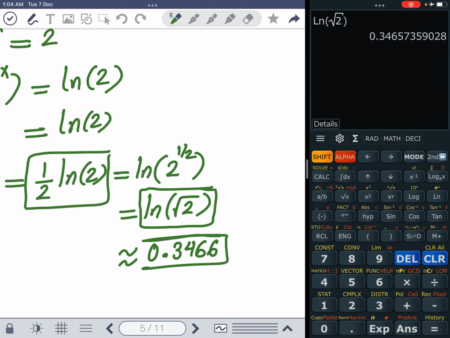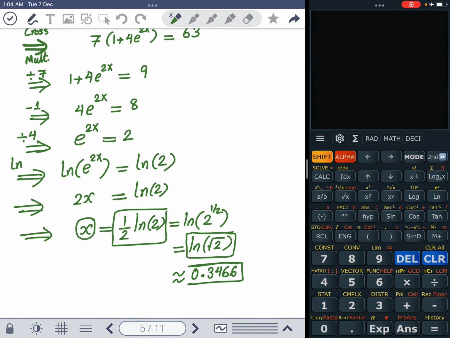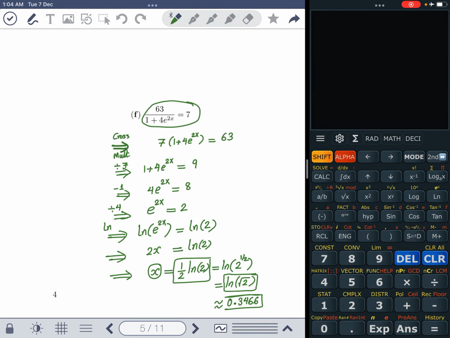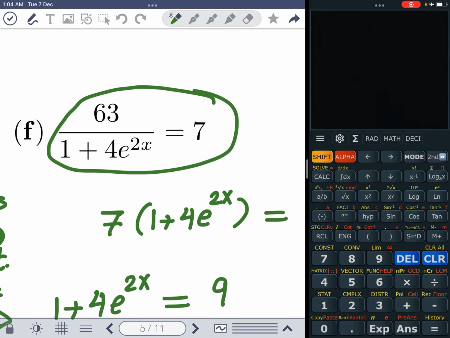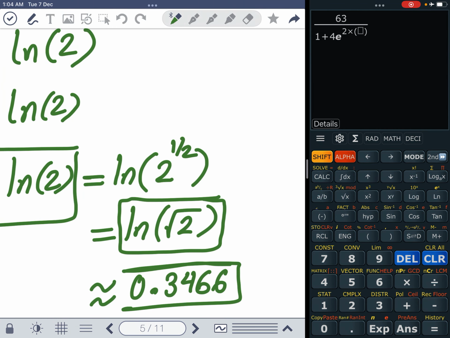Okay, and now let's replace it back into the equation, the ln radical 2. So here you'll have 63 over 1 plus 4e to the power 2 times x, and now we put the x that we found. What is the x that we found? It was ln radical 2.